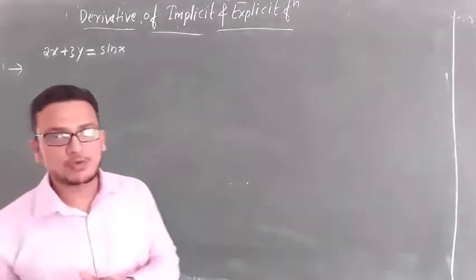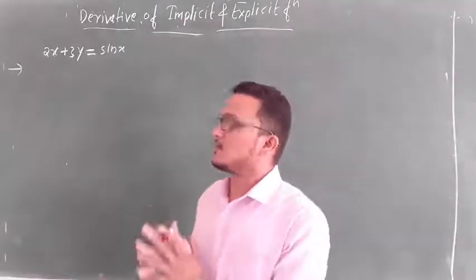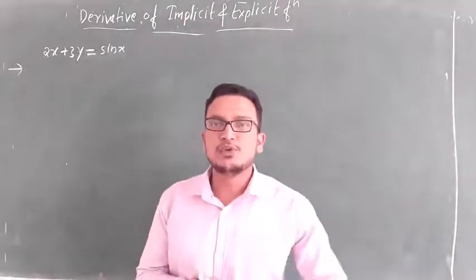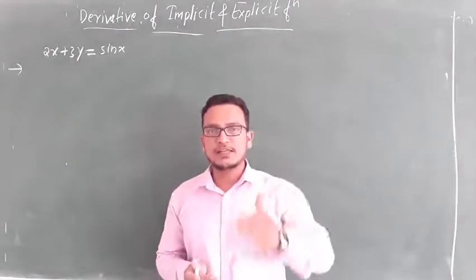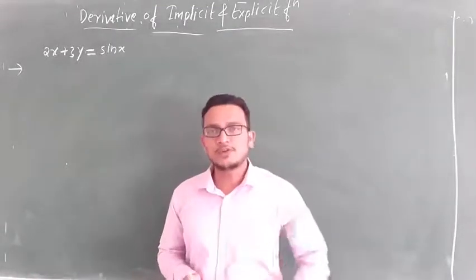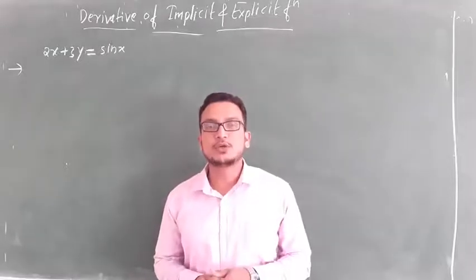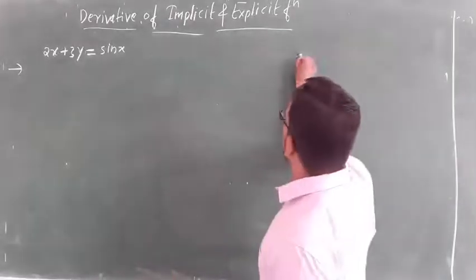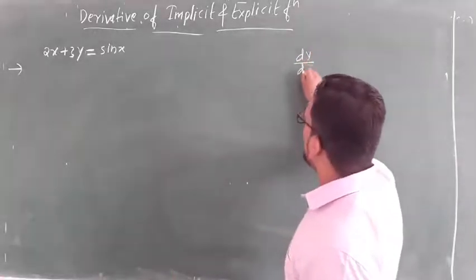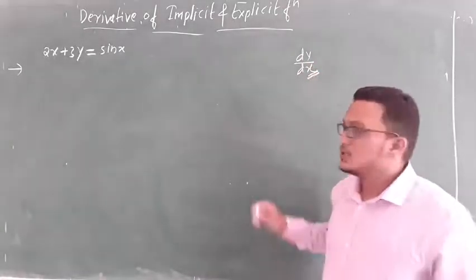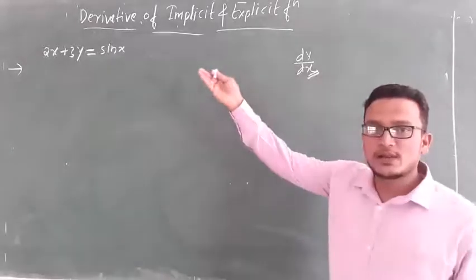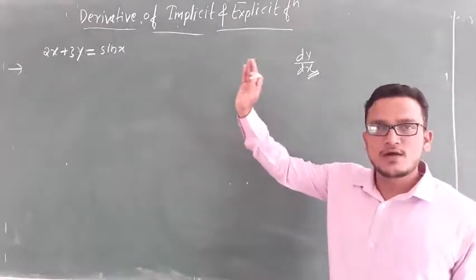Now I am going to solve some of the examples from the exercise where you need to find dy by dx. It means you have to differentiate the function with respect to x. Here the independent variable is x, so with that independent variable you always differentiate the function.